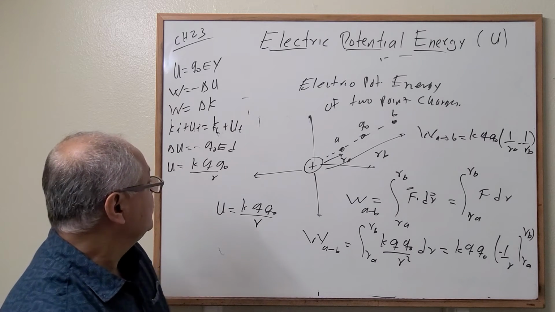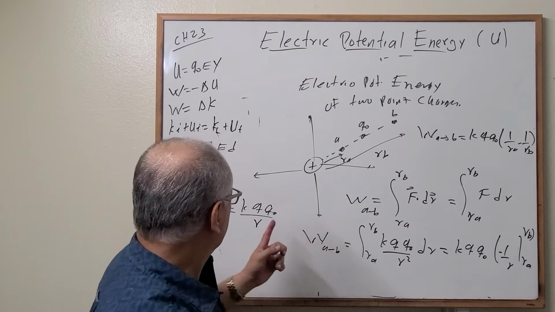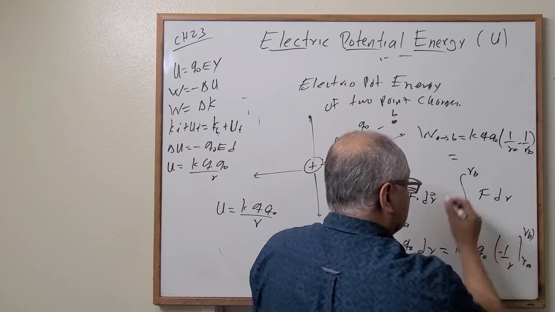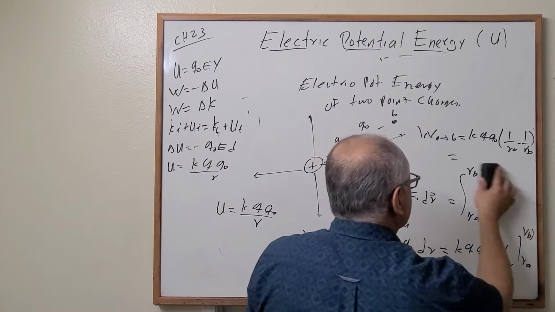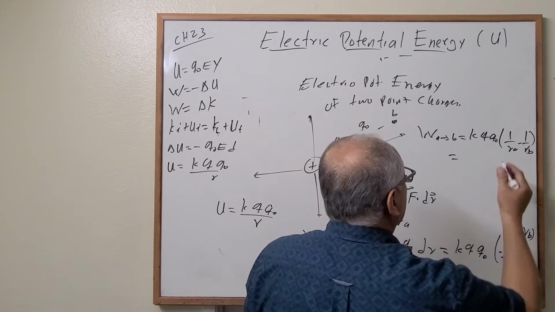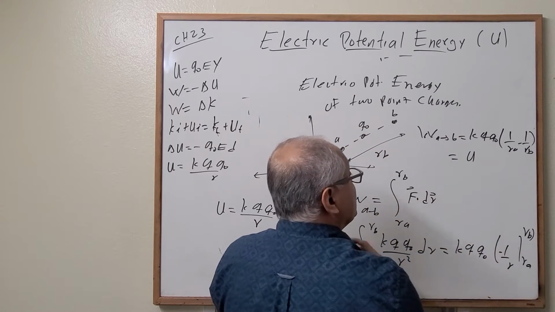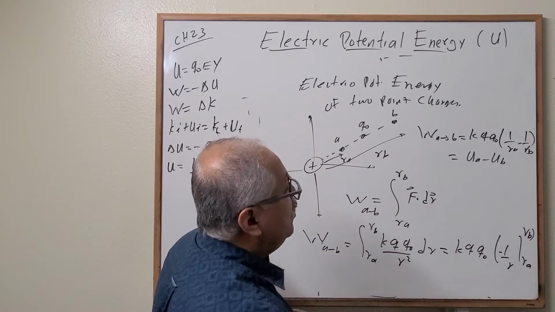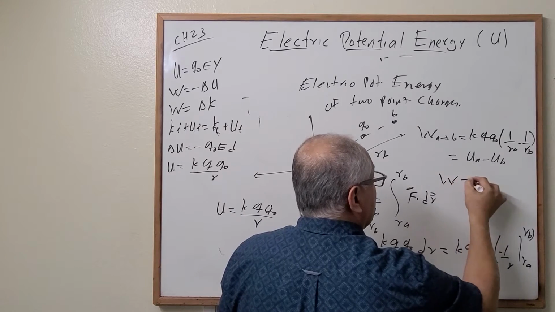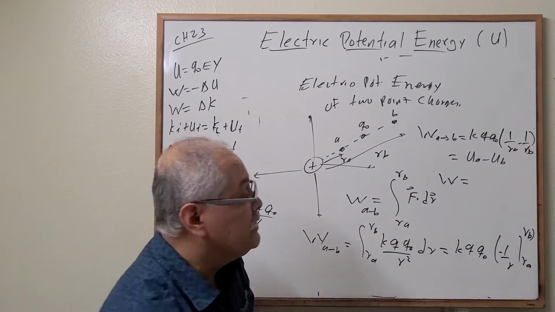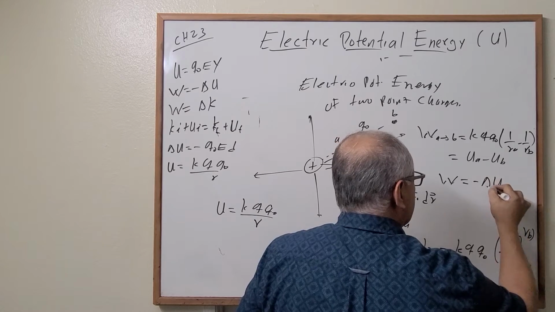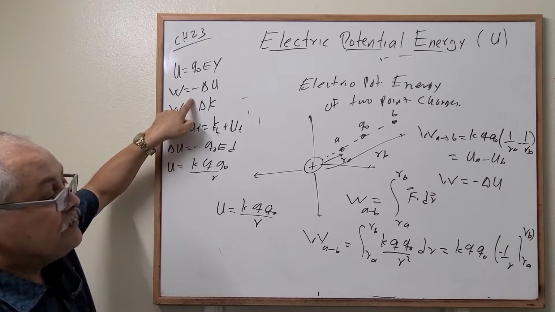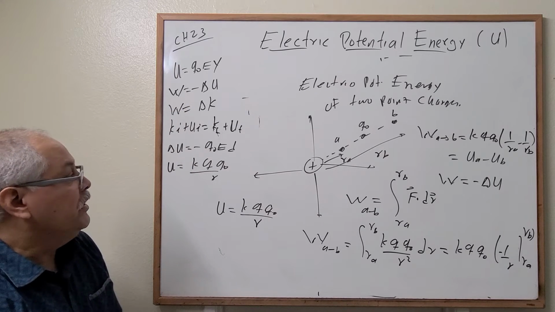Now, when we substitute this value, what do we have? Let's continue this analysis. This is equal to the electric potential energy at A minus the electric potential energy at B. Or we can write it as negative the change in the electric potential energy. And we go back to the same equation as before for a point charge.